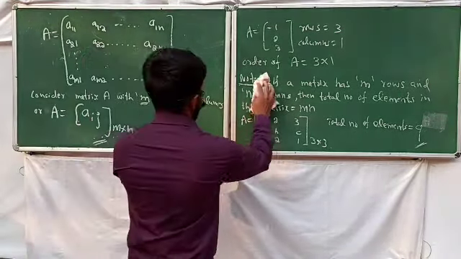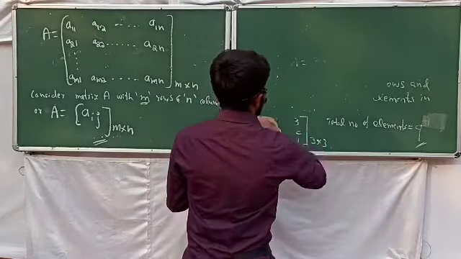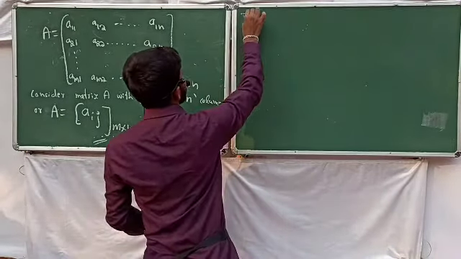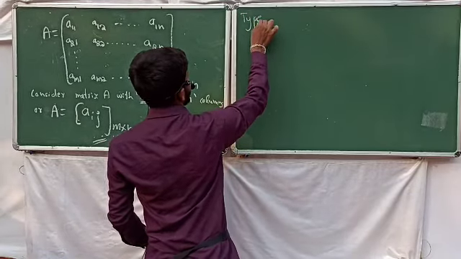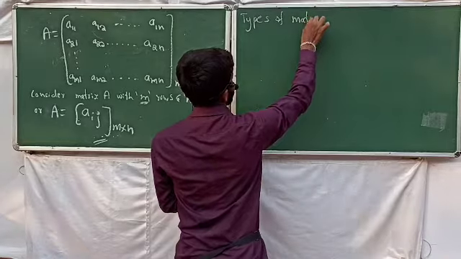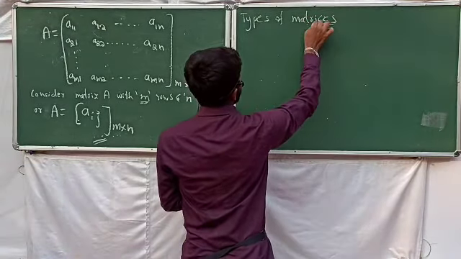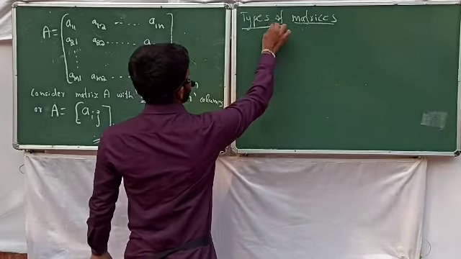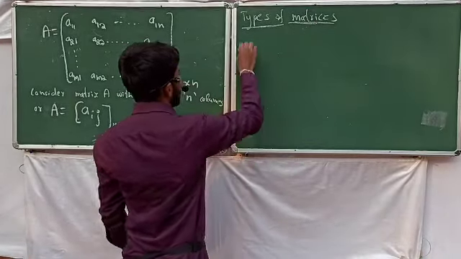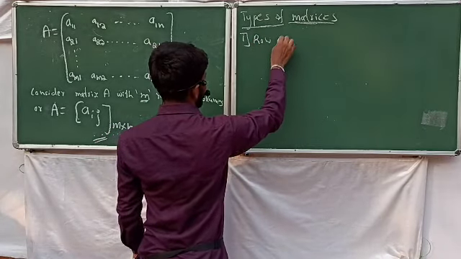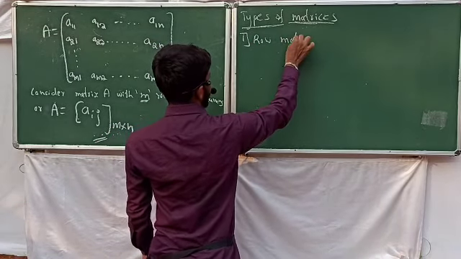Types of matrices. Start first with row matrix. Row matrix.